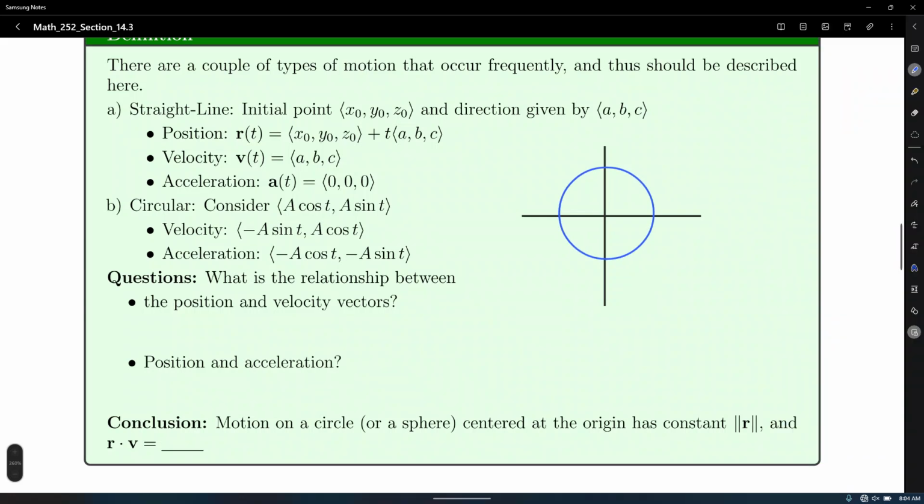Also, very oftentimes the most common case is to direct this circle in the counterclockwise direction. Typically, that is the positive orientation of the graph, right?